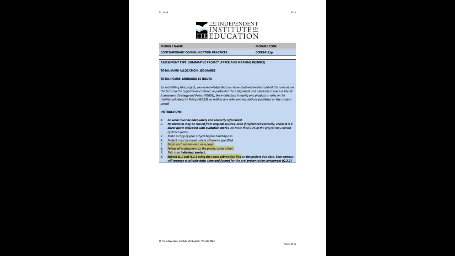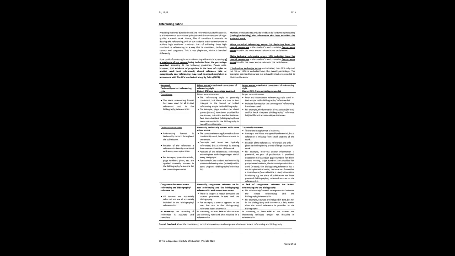Don't spend too much time on the things that don't have mark weighting. So rather refer to the rubric for guidelines on what you should be spending your time on. Then also just an iteration that you have to submit question 1 and 2.1.